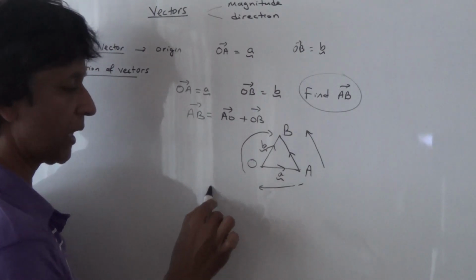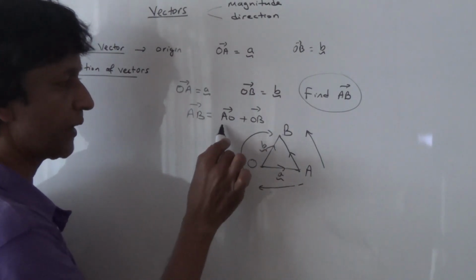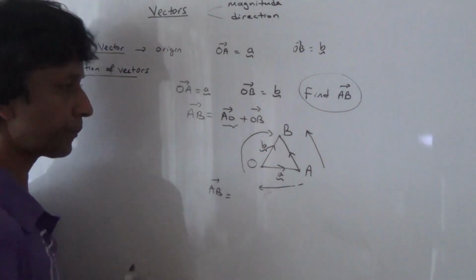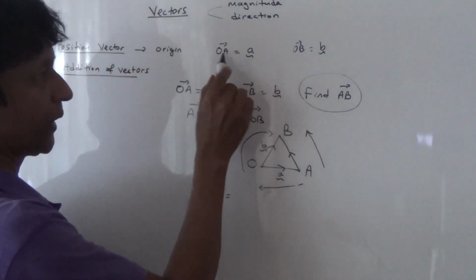Hence we have the vector AB is equal to vector AO. What is vector AO? If you look carefully, this is OA.